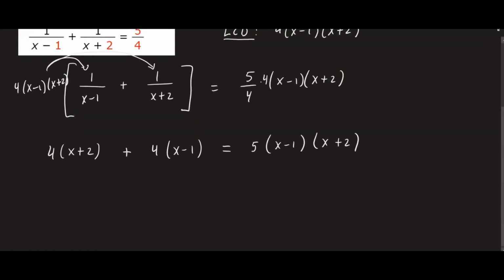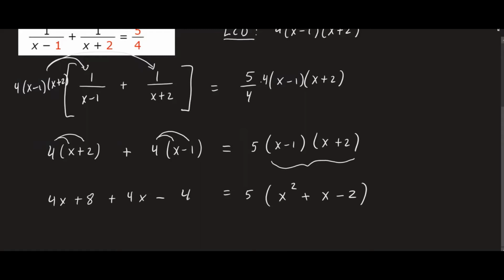So let's go ahead and distribute and combine like terms. We're going to distribute the 4 for this term and 4 for that term. And on the right side, we're just going to expand this. So that would give us 5 times x squared plus x minus 2. And then on the left side, as we distribute the 4s, we have 4x plus 8 plus 4x minus 4.